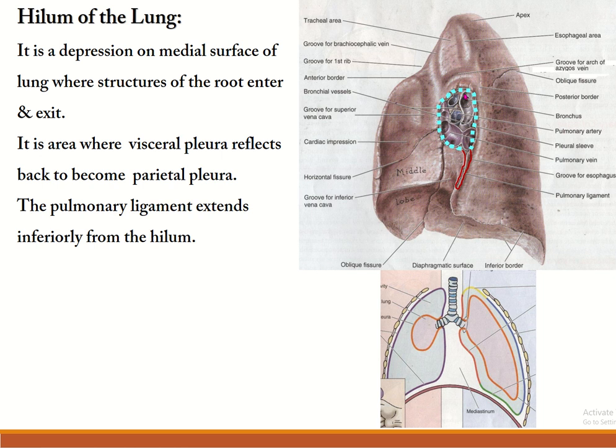The hilum of the lung is a depression on the medial surface of the lung where the structures of the root enter and exit. This is the area where the visceral pleura is reflected back to become parietal pleura. There is an extension of the mediastinal pleura, known as the pulmonary ligament.